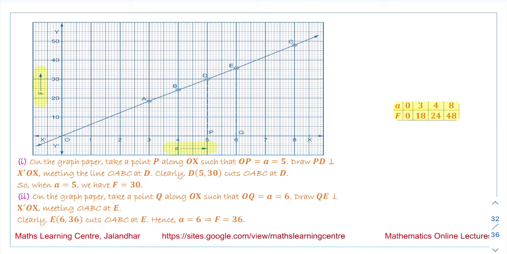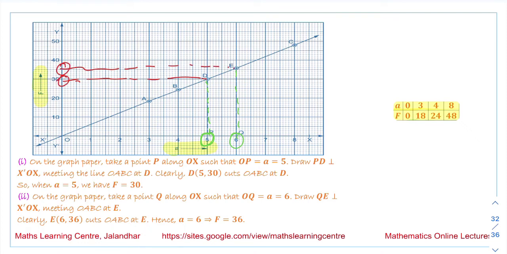What we have to find now is, corresponding to the acceleration 5 and 6, we have to find the force. So acceleration 5 is here, acceleration 6 is here. We draw the perpendiculars over here and on the y-axis, and we obtain 2 points.